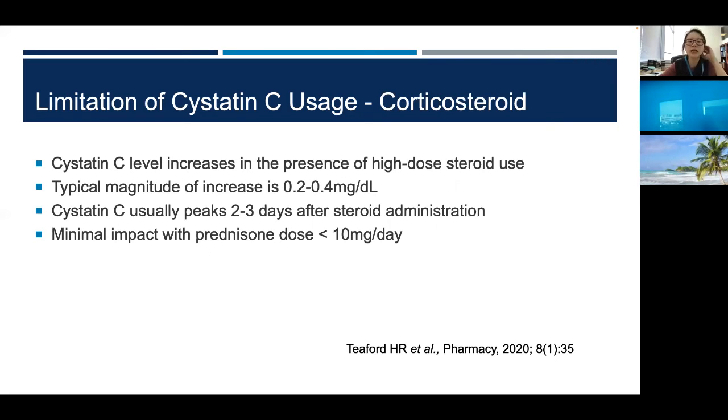And Cystatin C level is also not very accurate when a patient is on corticosteroid. The level tends to increase in the presence of high dose steroid, and the magnitude usually increases by 0.2 to 0.4 milligram per deciliter.